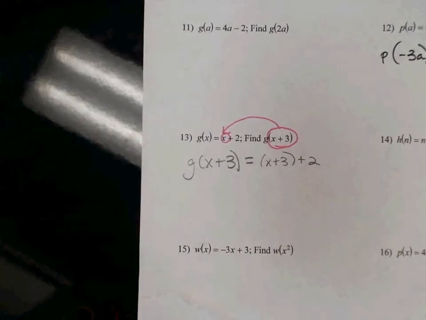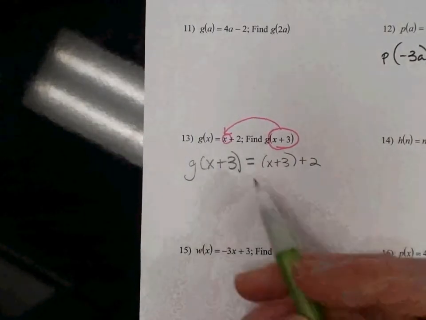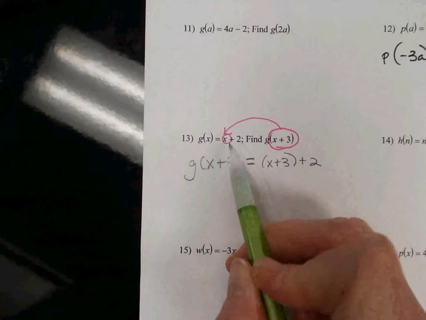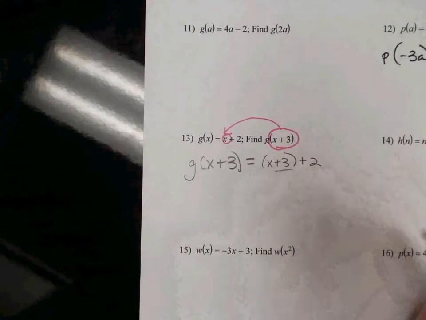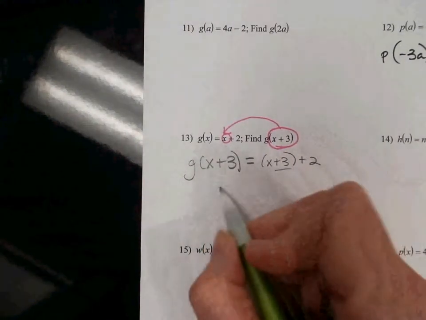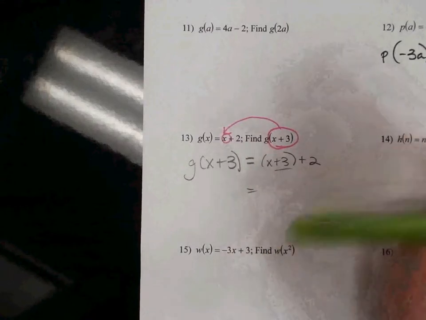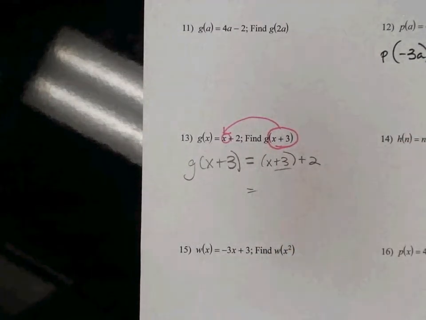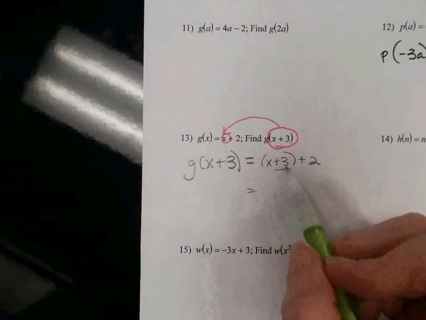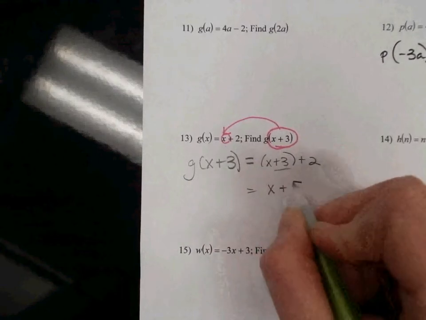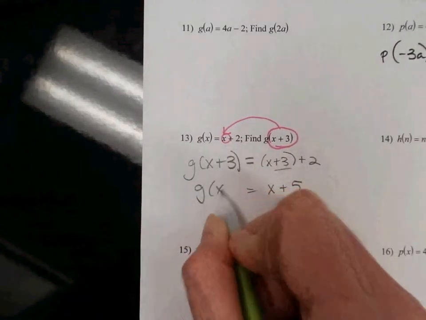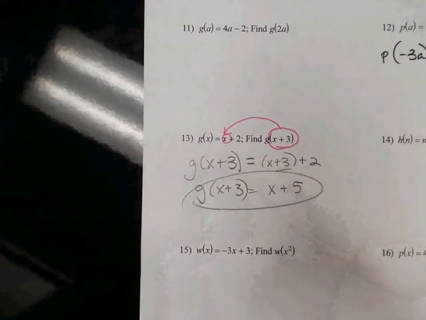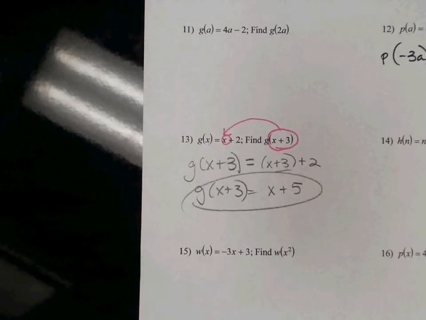Just imagine your slider right there, filling in whatever's in here into the value for the variable. And then from there, we don't really need those parentheses, do we? There's nothing really setting that expression apart. So we can add the 3 and the 2, and we get x plus 5. So g of x plus 3 equals x plus 5. And that's it for evaluating functions.